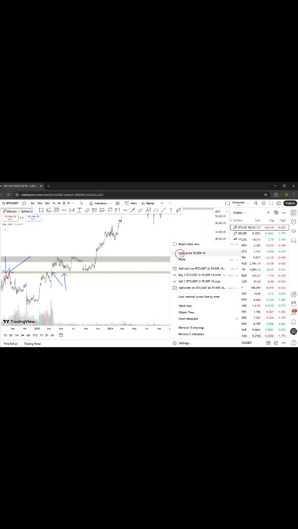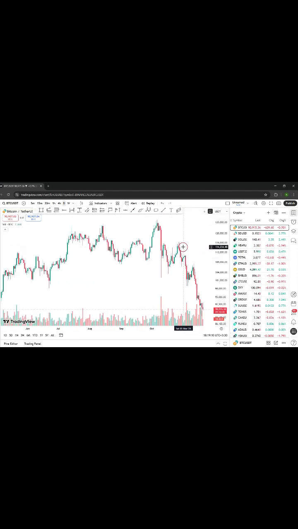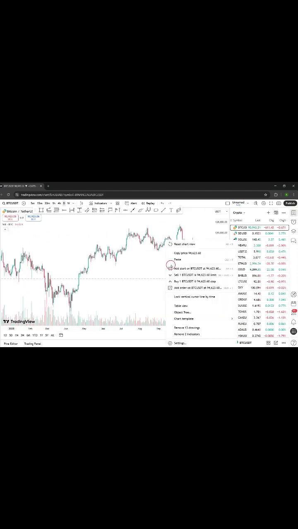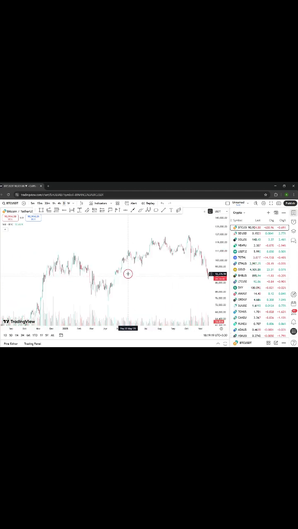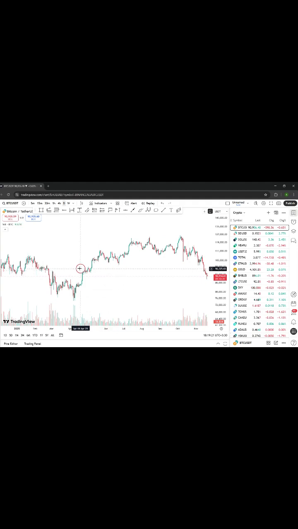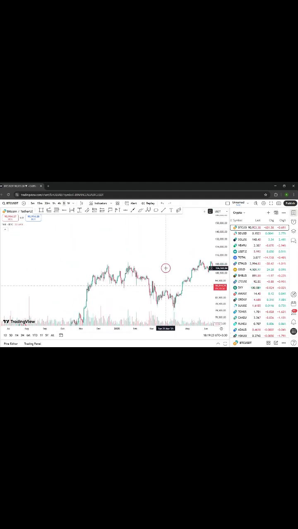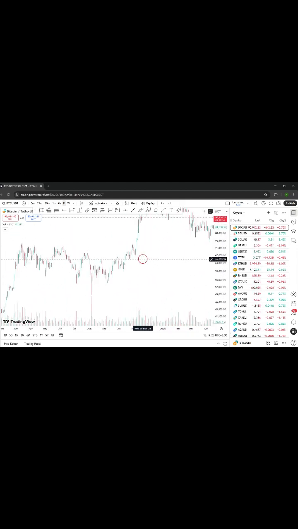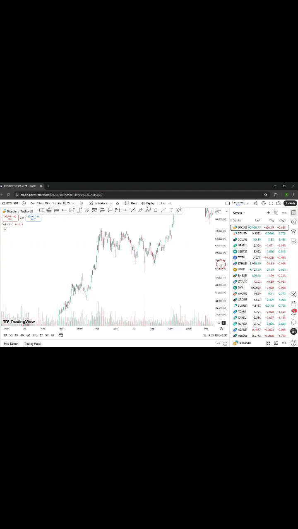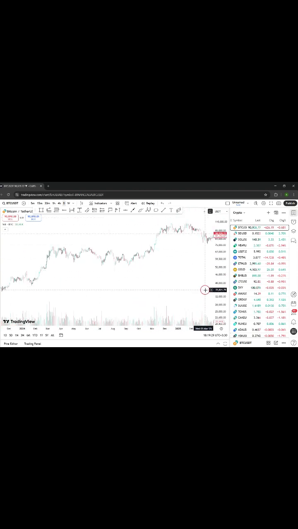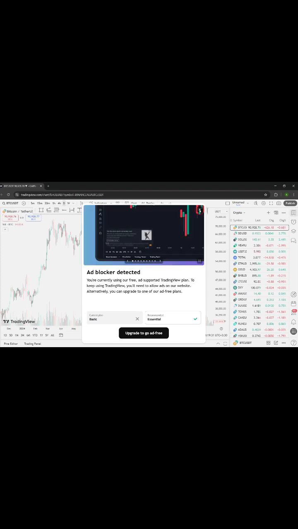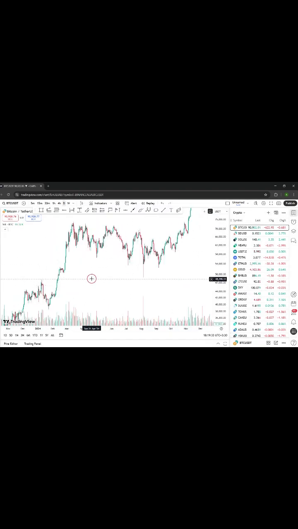As you can see, let me reset the chart. I will explain here, for example, on the 1 day time frame of Bitcoin. We have some special price areas, and as I said before, you can draw it.